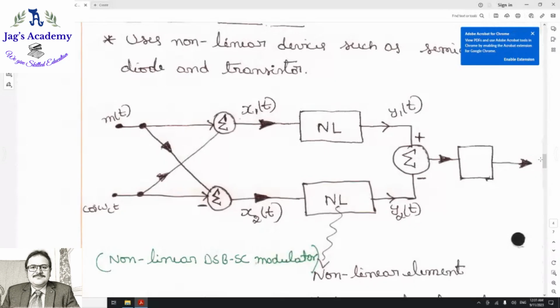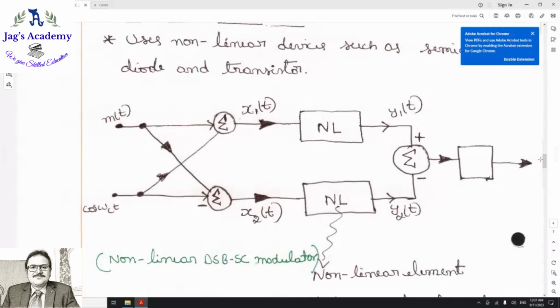That is a property of a nonlinear device. This you are supposed to study in electronic devices. I don't know how many of you studied it. When you study electronic devices in second year, when you study the diode, the input-output relation is going to use a square law.